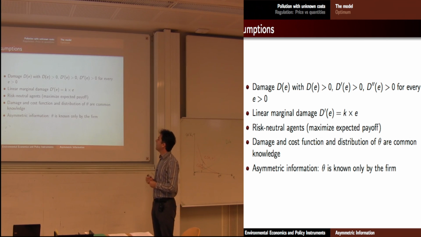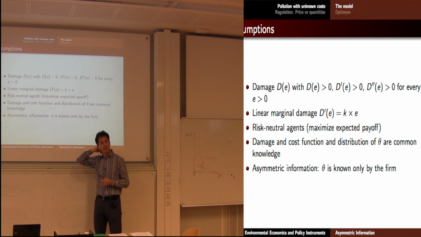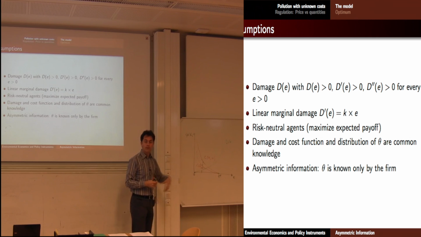The distribution, damage, and cost function are common knowledge. The only new ingredient compared to what you have seen so far is that only the firm knows the level of cost, if it's high or low.